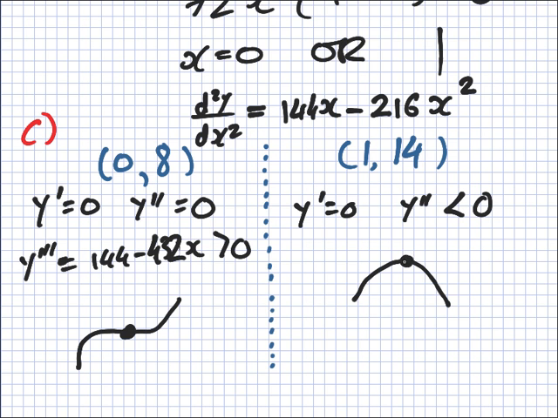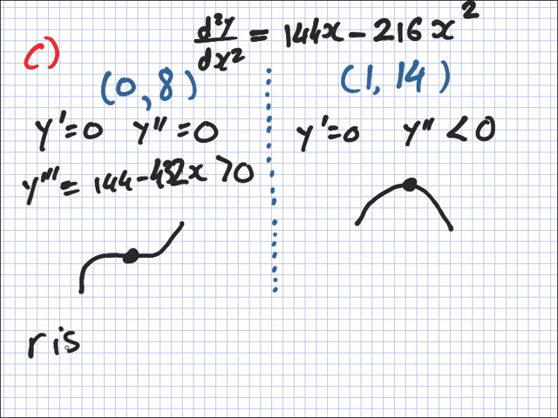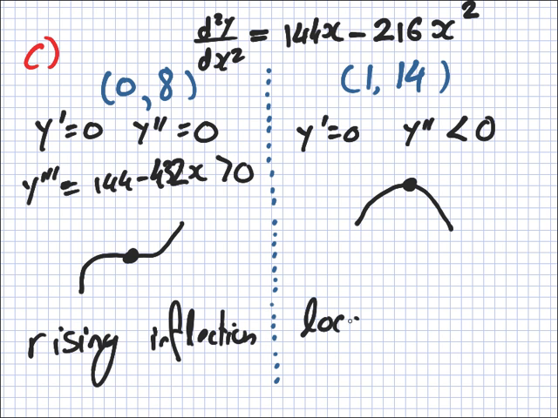It's like this. So here, this is a rising inflection point. And this one here is a local maximum, or concave.